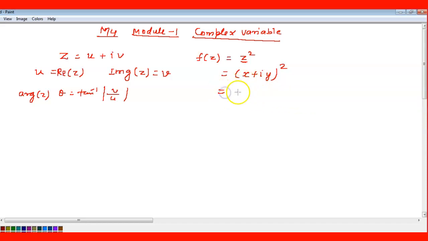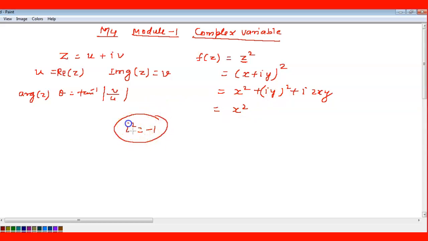If we expand this, we can write x square plus iy whole square plus i into 2xy. So x square, and i square is equal to minus 1. You know this, right? i square is equal to minus 1. This we have studied in the 11th and 12th, complex numbers.